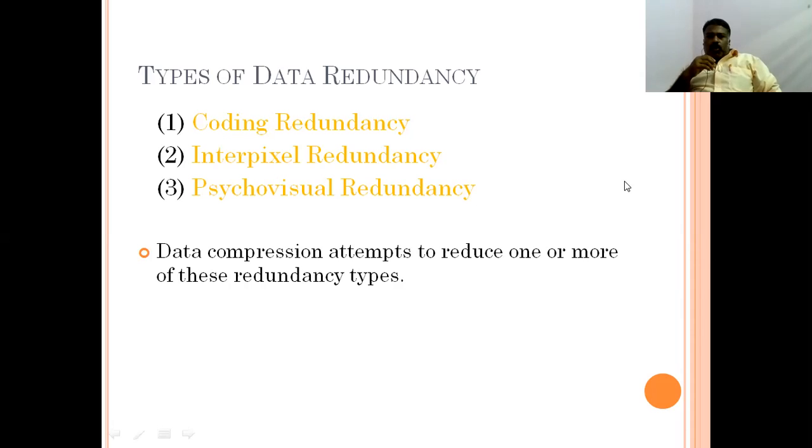So we have coding redundancy, interpixel redundancy and psycho-visual redundancy. Data compression attempts to reduce one or more of these redundancy types, because that is how image compression is achieved. If there is no redundancy after compression, the content is ready to transfer through the channel.